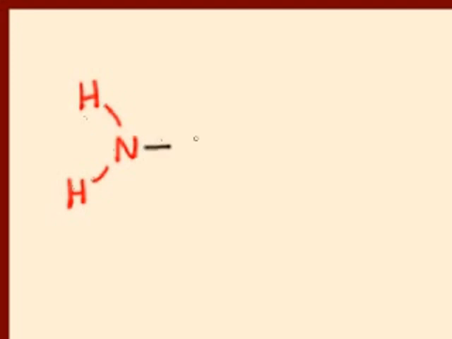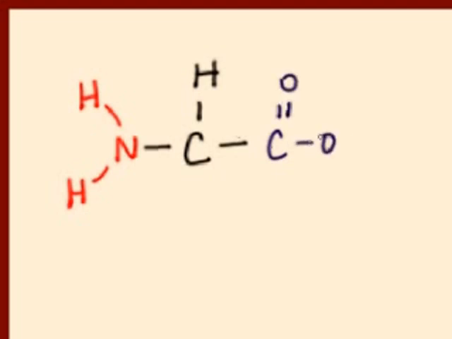They have a central carbon. They all have a hydrogen attached to that central carbon, and they have their second group, known as a carboxylic acid group, or your carboxyl group.